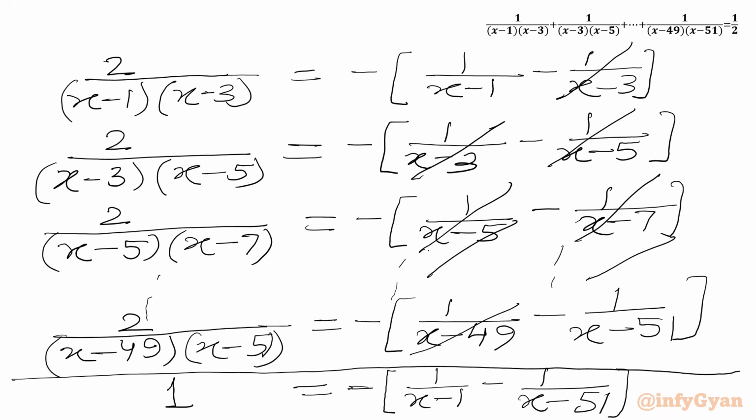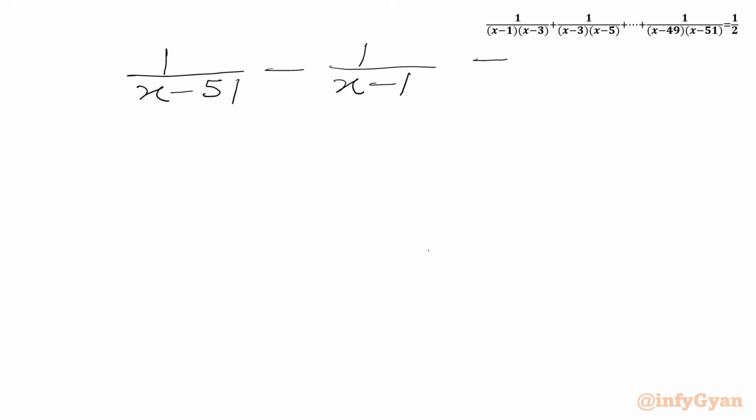Now we will multiply this minus sign into this bracket, so we have to reverse the sign of each term. We will get 1 over x minus 51 minus 1 over x minus 1 equal to 1.